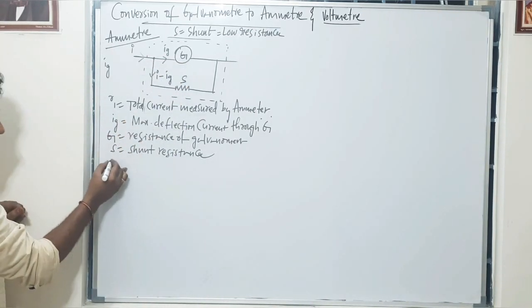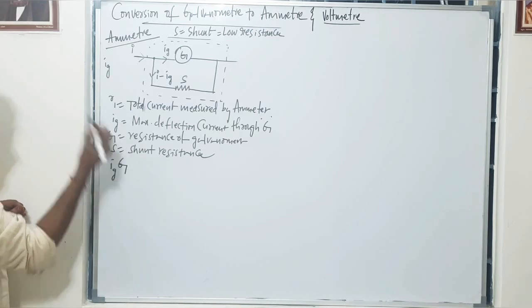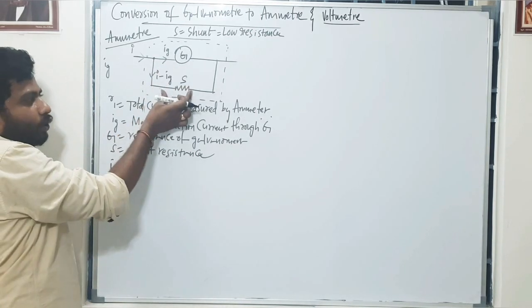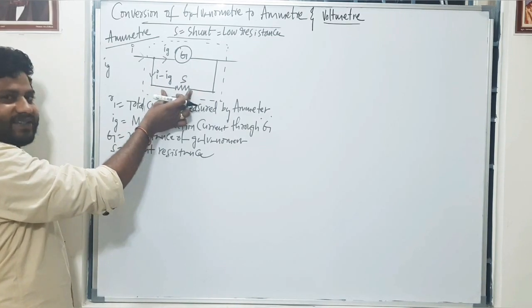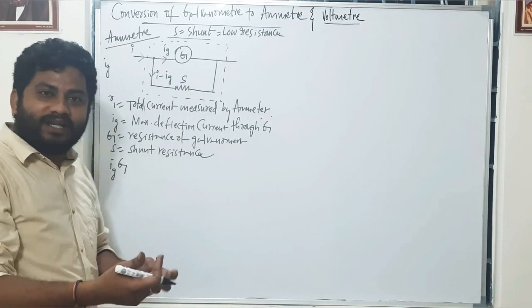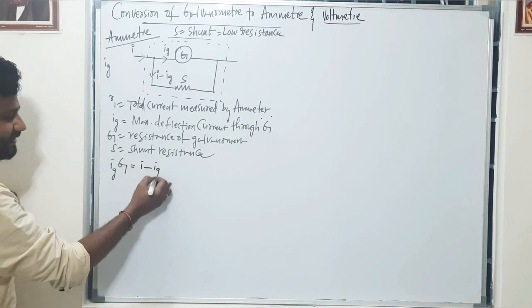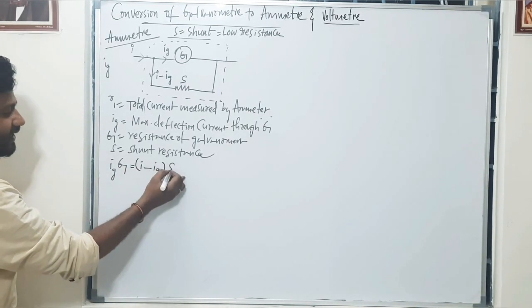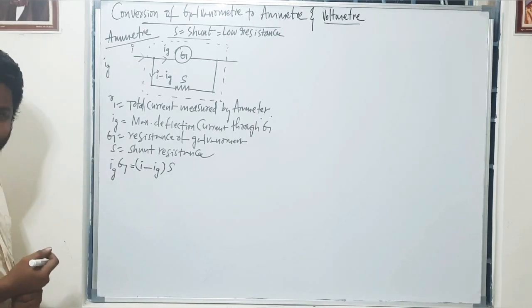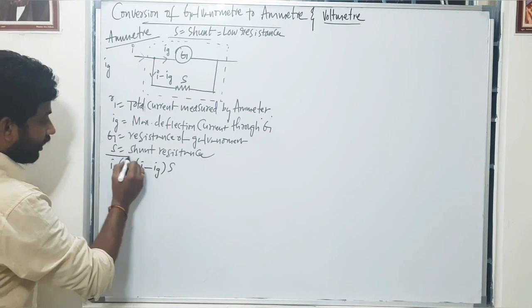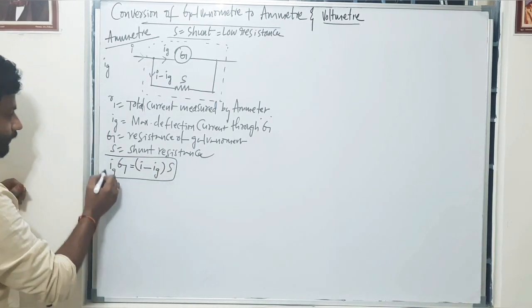That's Ig into capital G. Definitely this potential difference is equal to the potential difference across the shunt resistance because they are in parallel combination. So that is equal to I minus Ig into S. Okay. So this is one equation I have got.